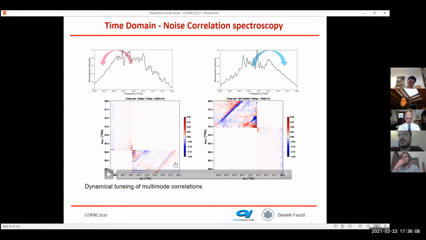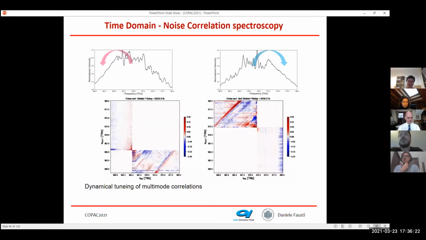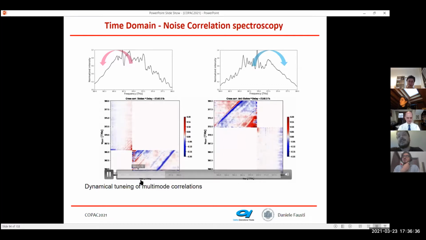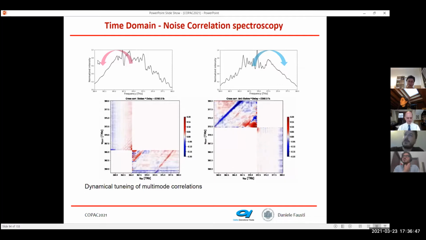And when you select, you put yourself in a situation where you have maximized this second process. This is what happens in the correlation measurement. If you shape your pulse so that you have stochasticity only on one side, and you leave your phase flat on the left side, you can select a process where the frequency coming in is smaller than the frequency coming out, and your cross correlation is dominated by scattering processes going towards lower frequency.